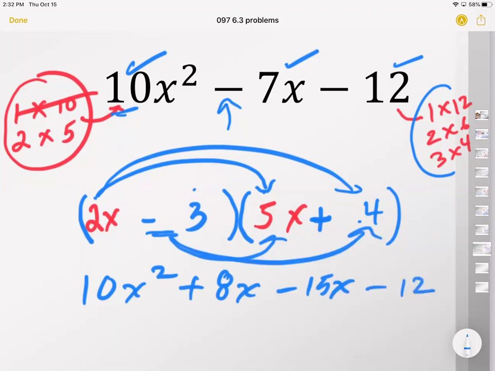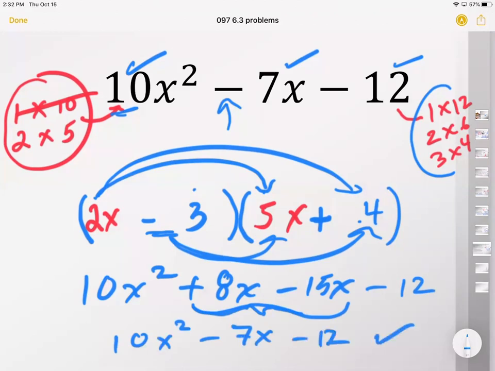And again, what do we need to do? We need to combine like terms, and our like terms are the x and the x, so we have 10x squared minus 7x minus 12, and that is our problem up there.